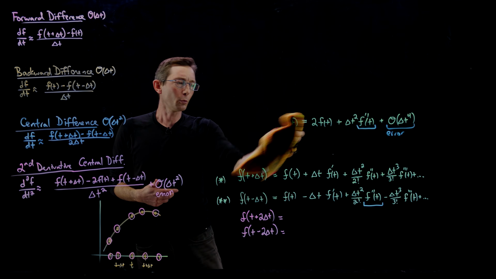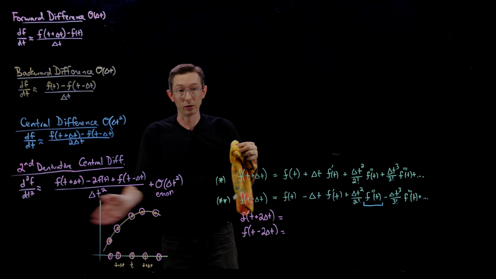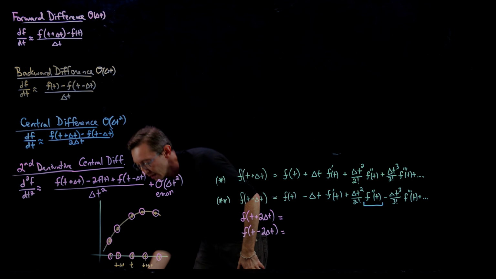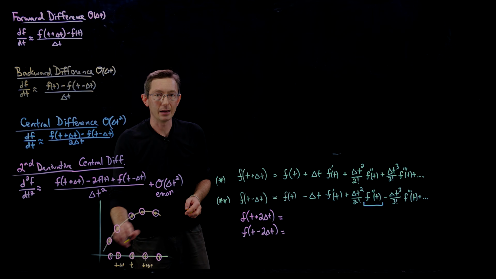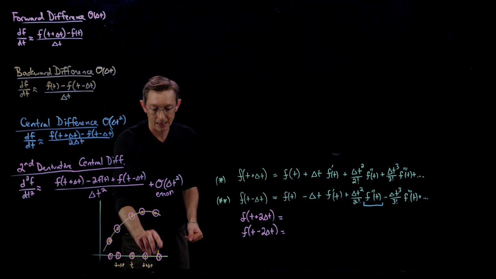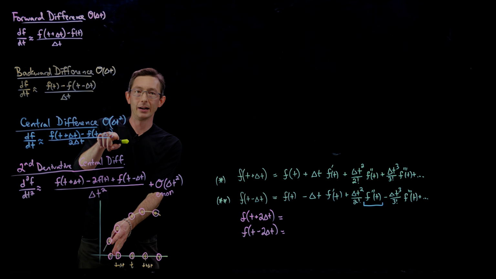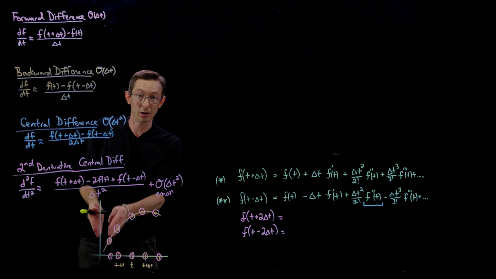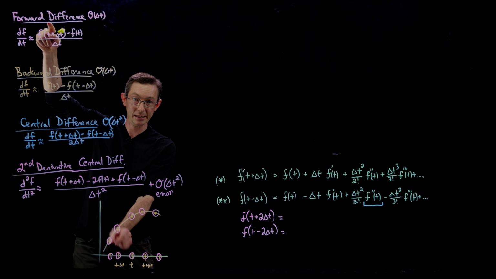Another reason might be that, again, I actually do have access to all of those points in time. Maybe it's historical data and someone just emailed me this data. But still, at the beginning and at the end of those time points, at time 0 and at time final, at time 0 there is no f of t minus delta t. So I can't do a backwards difference or a central difference at my starting time. I have to use a forward difference at that left time point at t0.